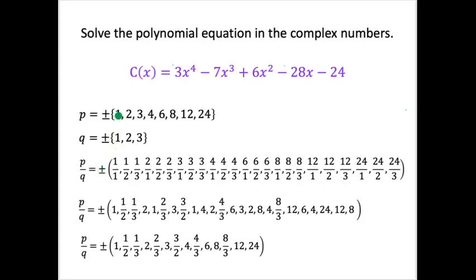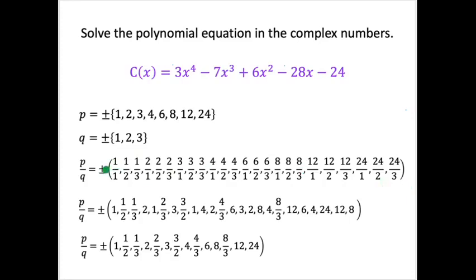So I have, for instance, 1 over 1, 1 over 2, 1 over 3. That's what I have here, okay? 2 over 1, 2 over 2, and 2 over 3. Those are these three. 3 over 1, 3 over 2, 3 over 3. That's these. 4 over 1, 4 over 2, 4 over 3. That's these. All the way to 24 over 1, 24 over 2, and 24 over 3.